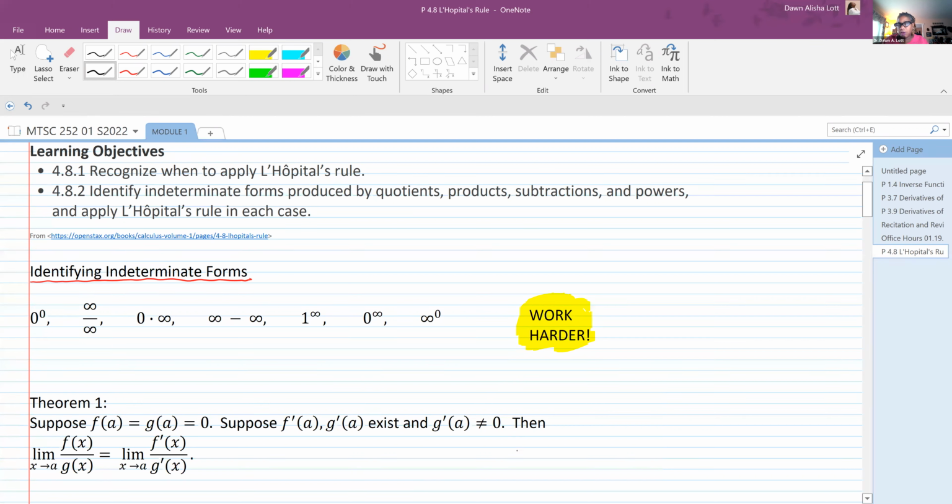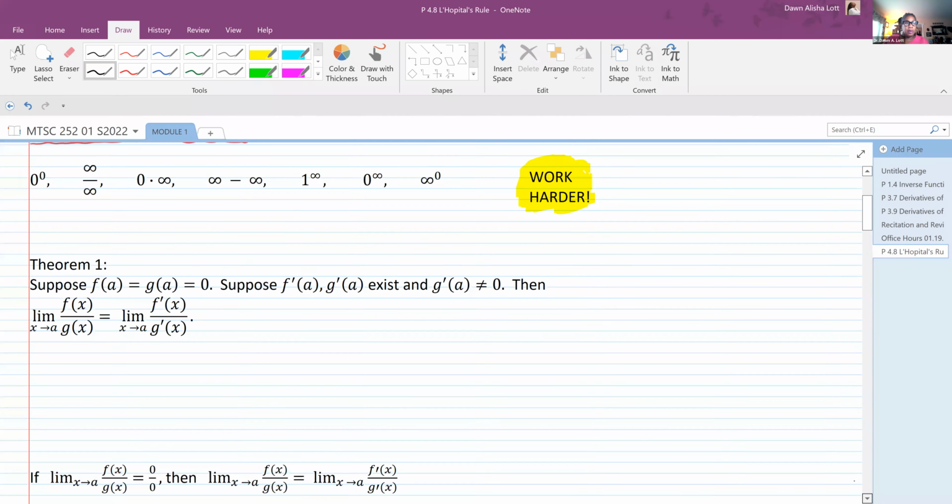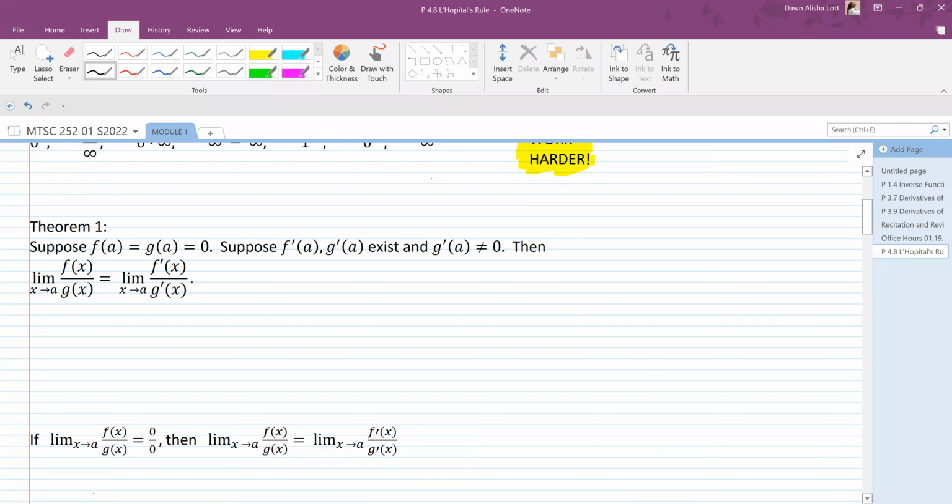So let's start off with the first theorem. I'll give you an opportunity to write down what that theorem is. And so our first theorem says that basically, suppose you know that f of a and g of a are both 0. So I want to take a limit. And when we do limits, the thing that we do first is direct substitution.